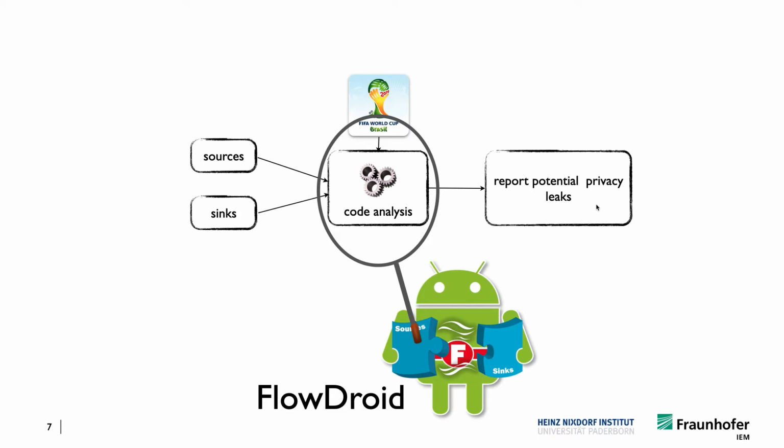I'll still be talking a little bit about why that is. It's still a relatively precise tool, but you can have some false positives. That means there are potential privacy leaks. There can also be some false negatives, which has to do with incomplete call graphs, and I will be covering that as well.